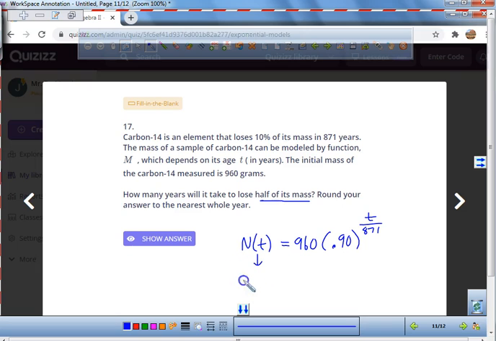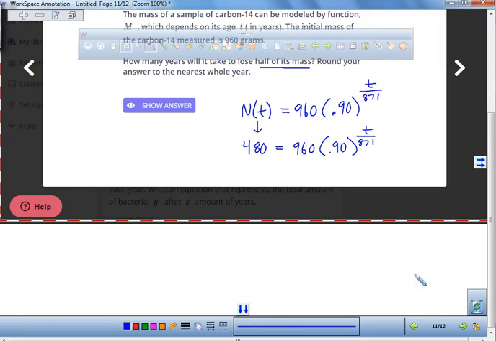If it loses half of it, it's got to get down to what? 480. All right? So it's got to get to 480. That's what we're doing.